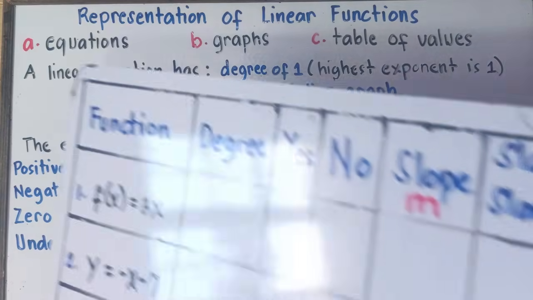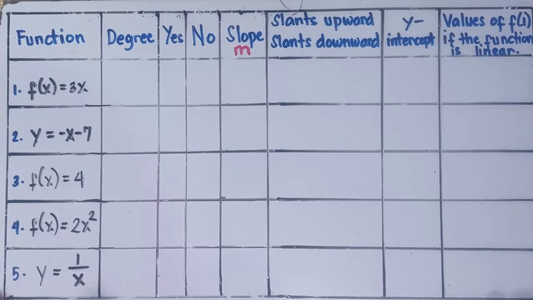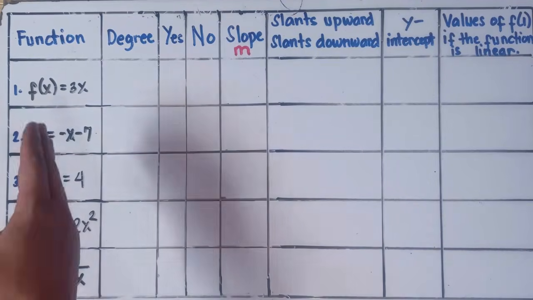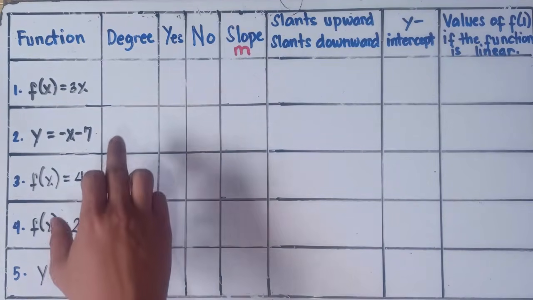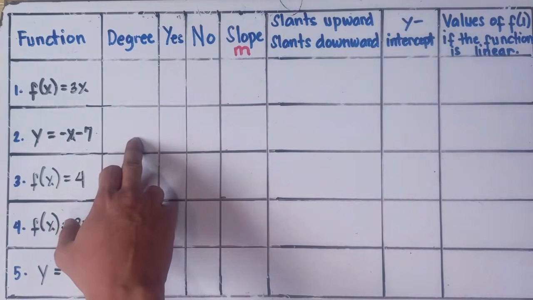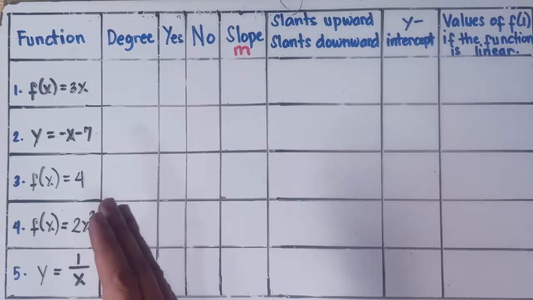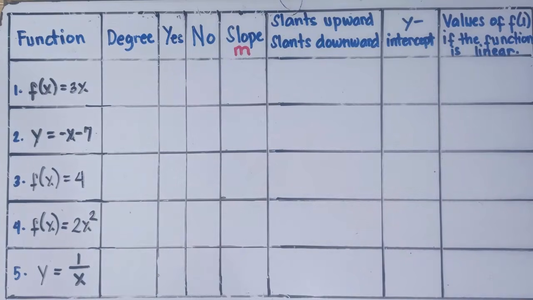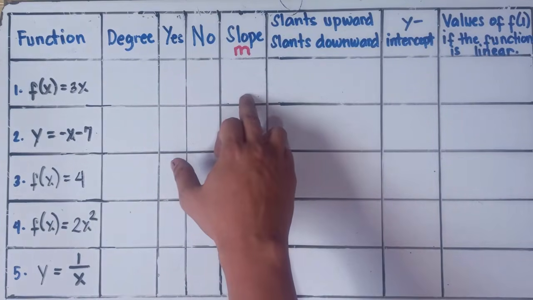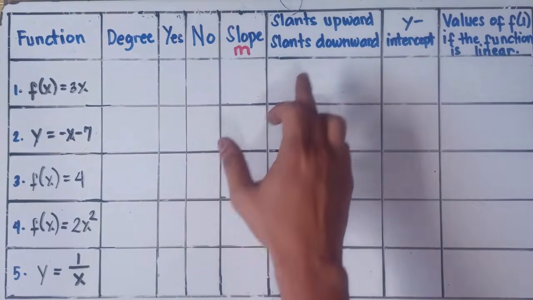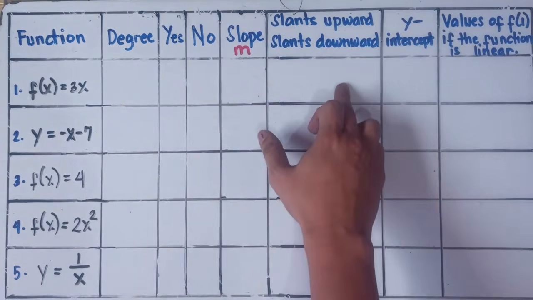By the way, class, this will be our activity later on. We have given equations or functions, and we're going to determine the degree. Then we're going to identify if the given equation is a linear function or not. Then we're going to determine the slope, and whether the graph slants upward or downward.